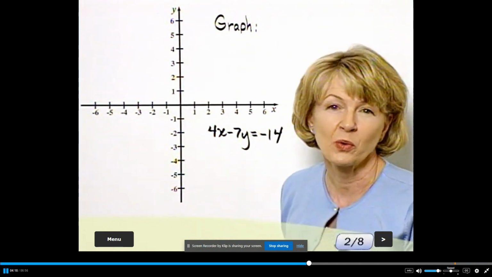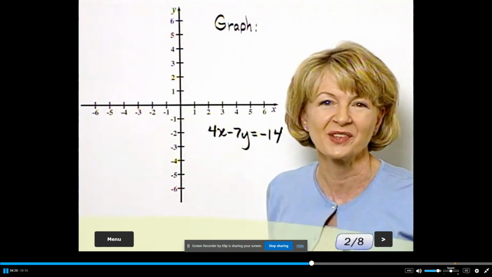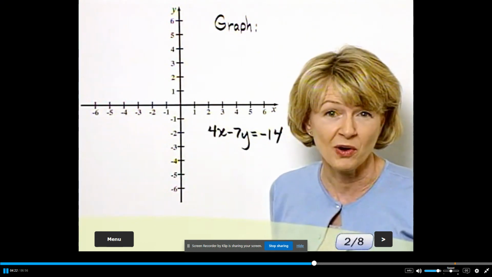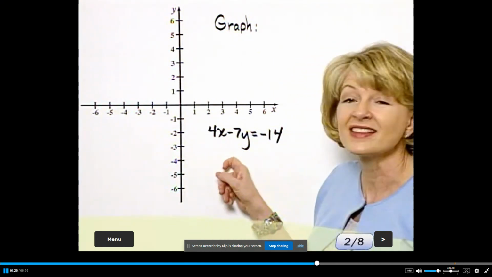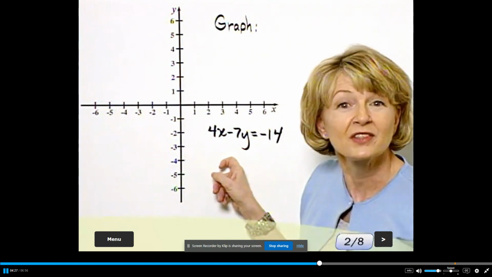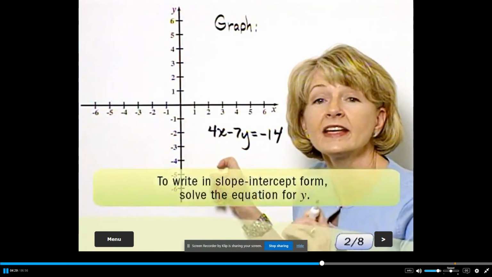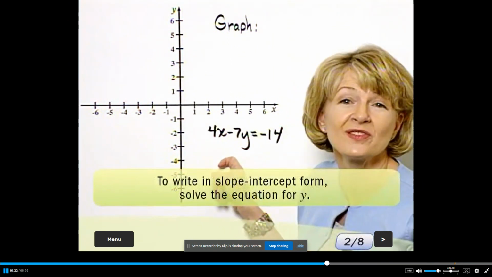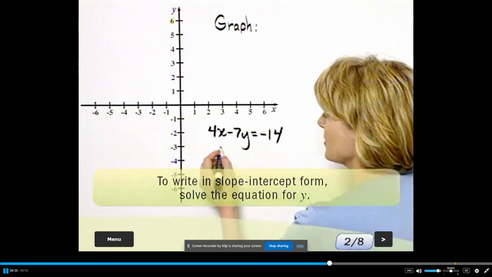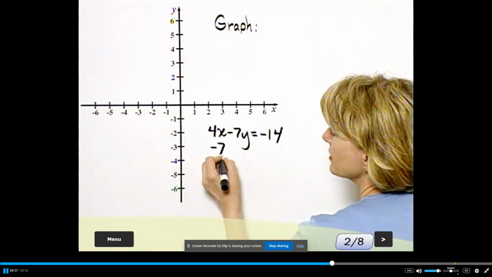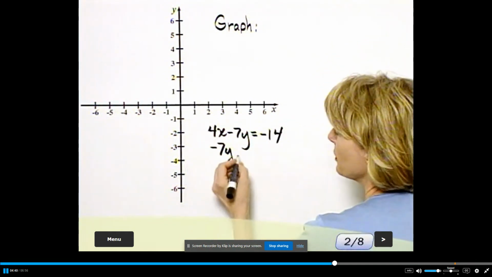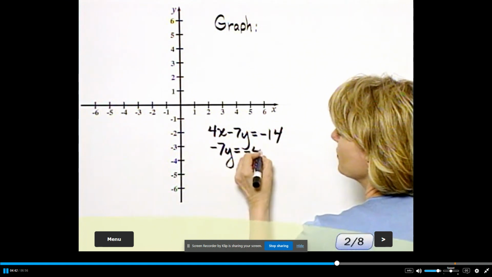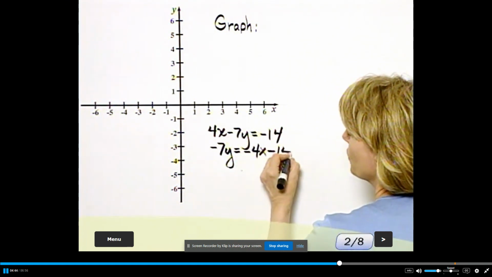One way to graph is, of course, to come up with 3 ordered pair solutions, graph them, and so on. But another way is to write this in slope-intercept form. So let's do that. Writing in slope-intercept form means solving this equation for y. So if I subtract 4x from both sides, I'll have negative 7y equals negative 4x minus 14.